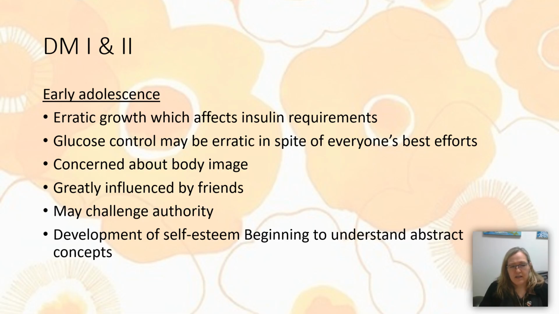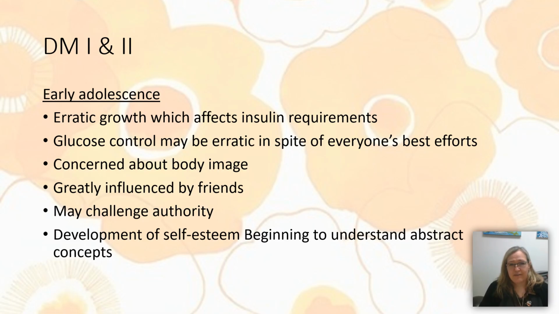Also at this age group, the child's capable of understanding abstract ideas. For example, diabetic neuropathy would be an example of something that's pretty abstract because you can't see it, you can't look at neuropathy.